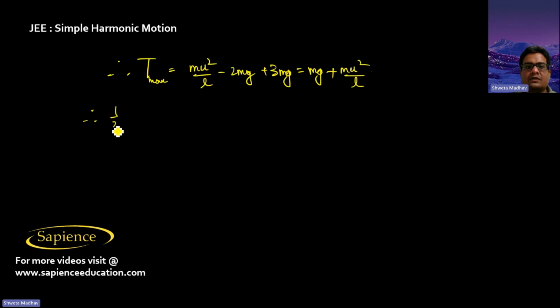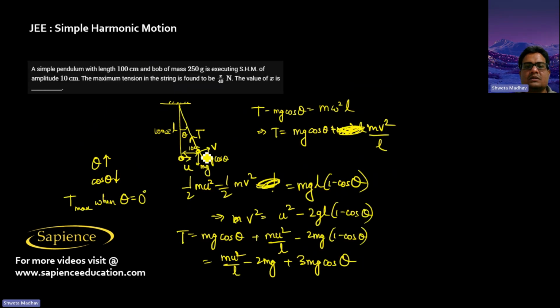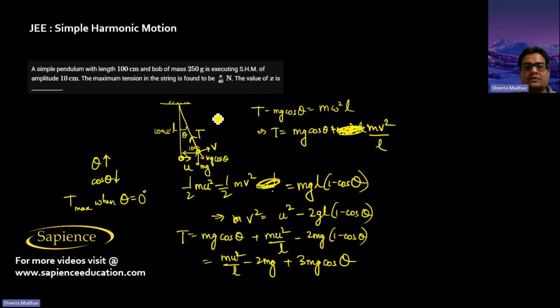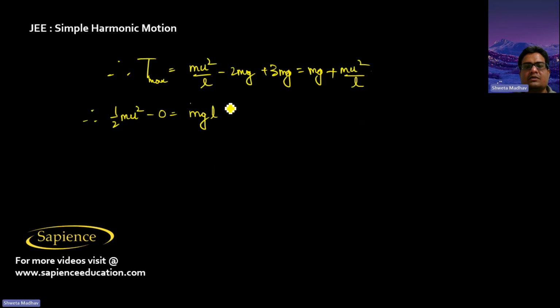Therefore, now half m u square minus 0, that is the loss in kinetic energy, that is equal to mgh, mgL into 1 minus cos theta.